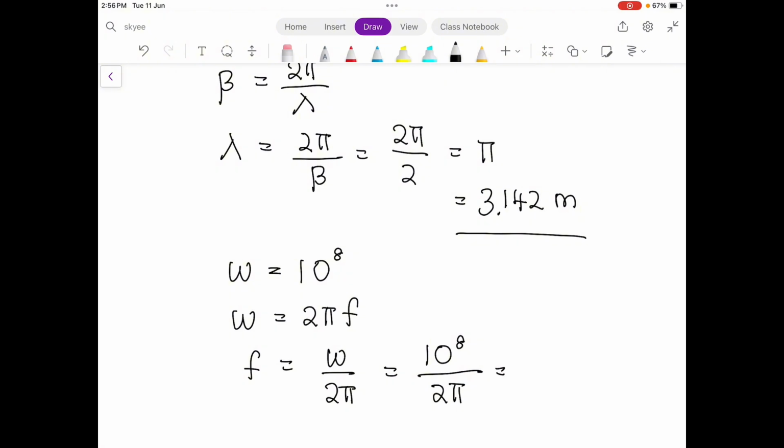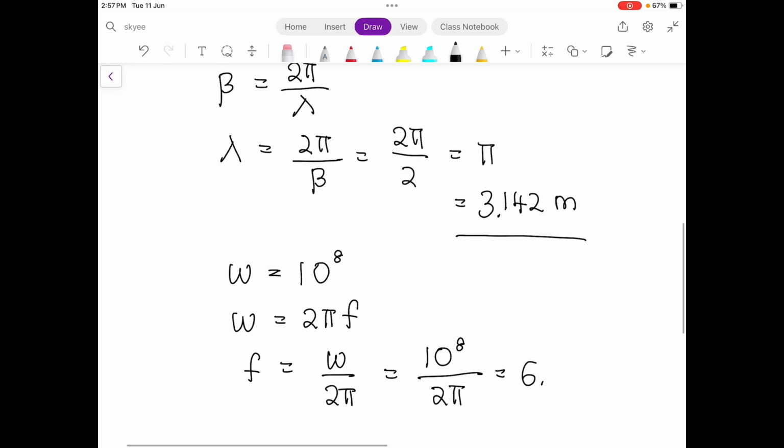Let's calculate what this answer is. Sorry, I pressed wrongly.